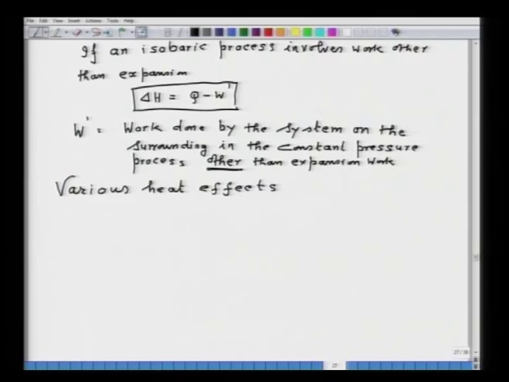First, the changes due to change in temperature in a pure substance.